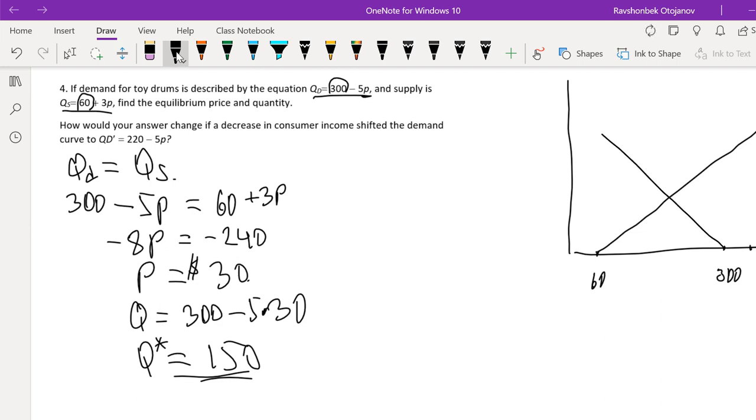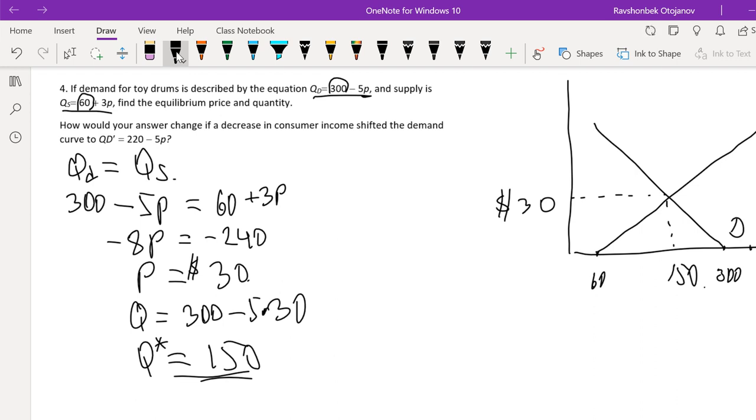So that will be our demand line. So this is supply, this is demand. This is a sketch, just eyeballing this, and we know that right now it's $30 and 150 here. Okay, not to scale, guys. So that's the equilibrium price and quantity initially.